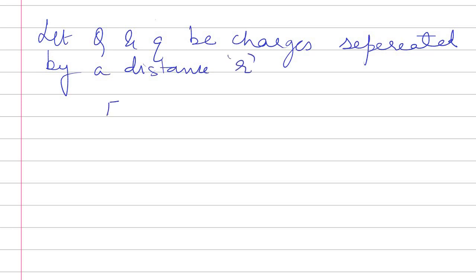So Coulomb force F bar is going to be 1 by 4 pi epsilon 0 Qq by r square into r cap, since we are using the vector notation. Remember that r cap is the unit vector.